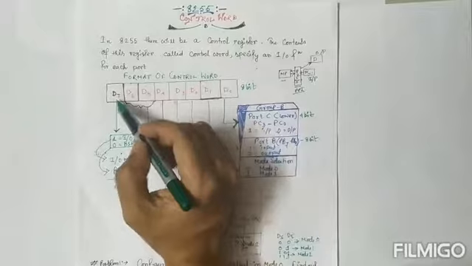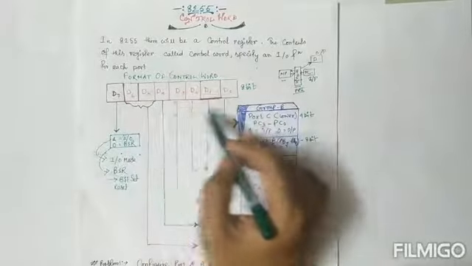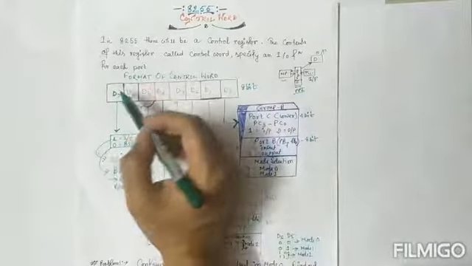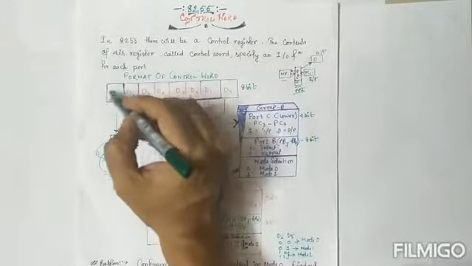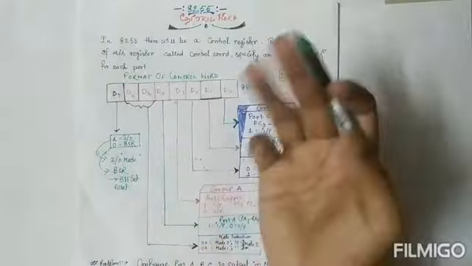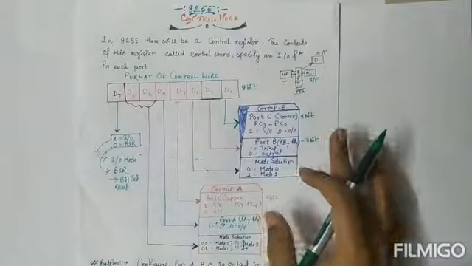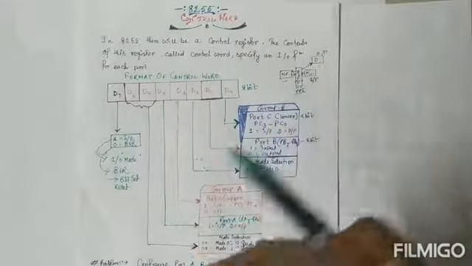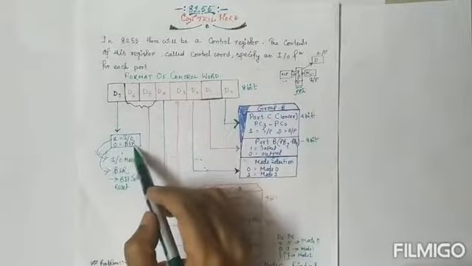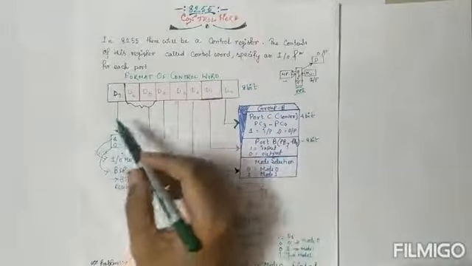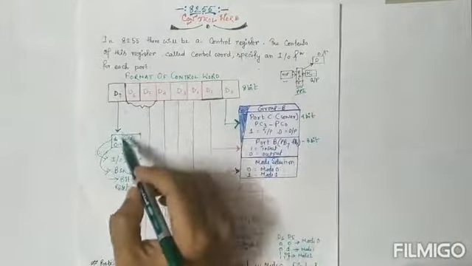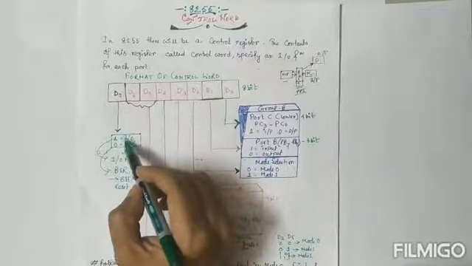Then D7. In the control word format, the D7 bit, or bit number 8, indicates the operation or function. It may be an input output operation, or a BSR operation. If the D7 bit is 1, then it is an input output operation.